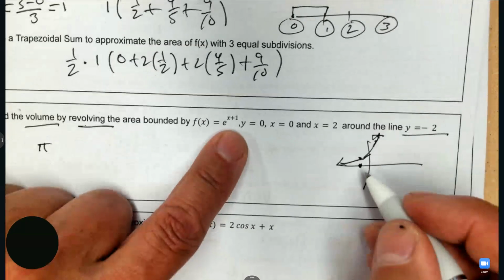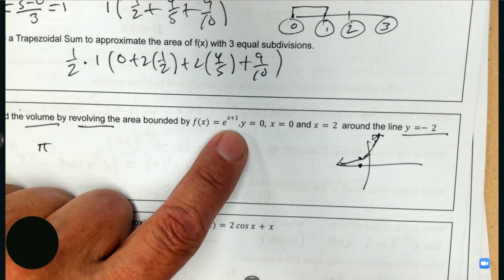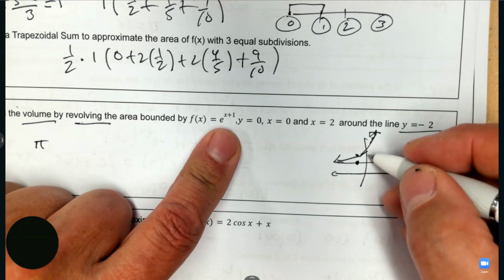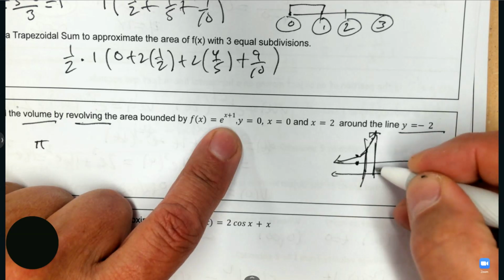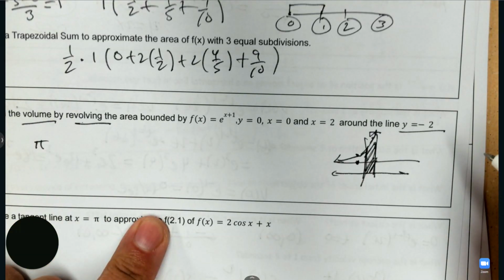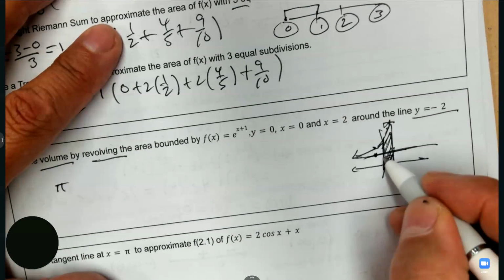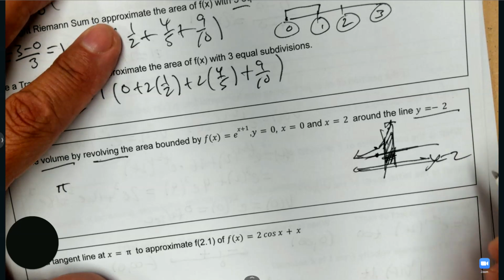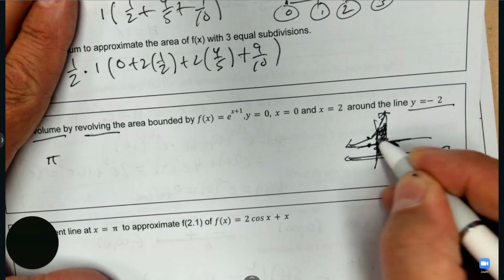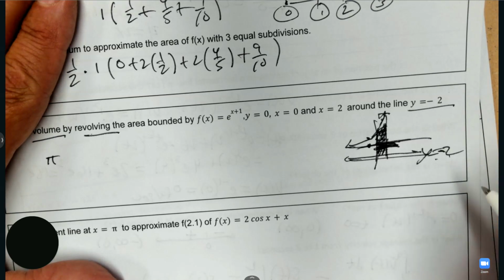That's the picture. And then y equals -2 is down here, and it's from 0 to 2. So we're revolving this area around this line, y equals -2.